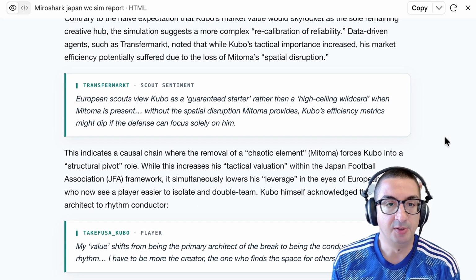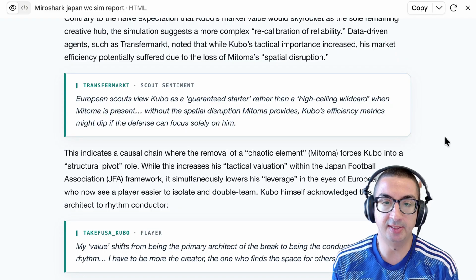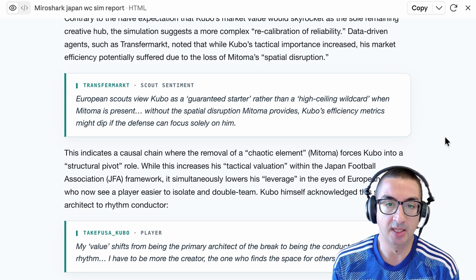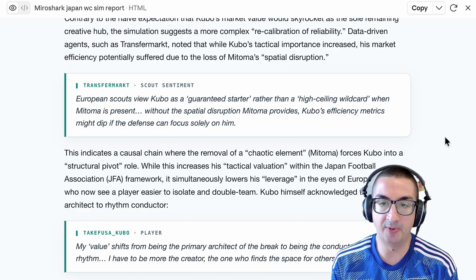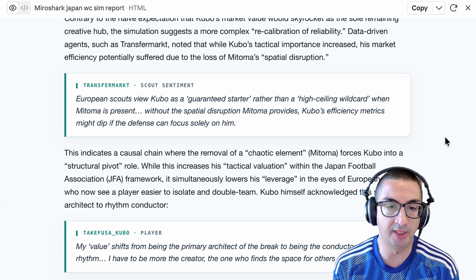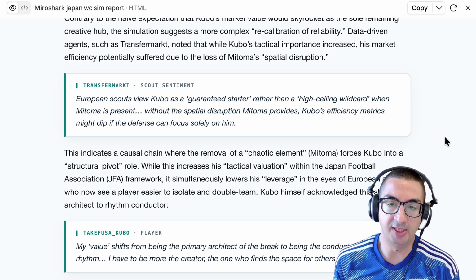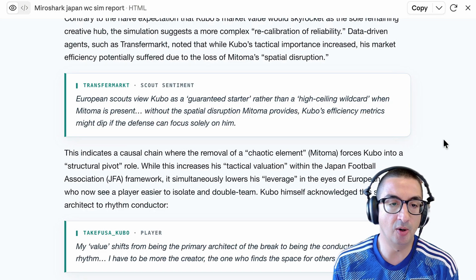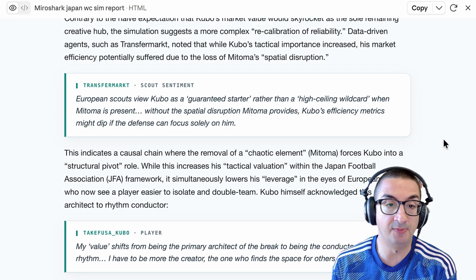Transfermarkt says European scouts view Kubo as a guaranteed starter rather than a high-ceiling wildcard when Mitoma is present. Without the spatial disruption Mitoma provides, Kubo's efficiency metrics might dip if the defense can focus only on him. This indicates a causal chain where the removal of a chaotic element, Mitoma, forces Kubo into a structural pivot role.